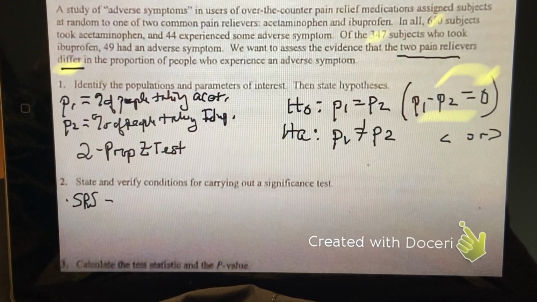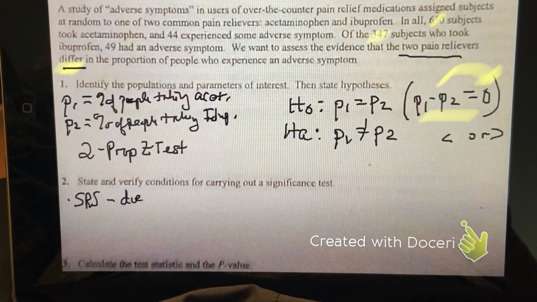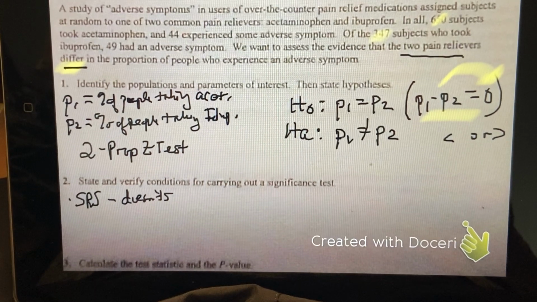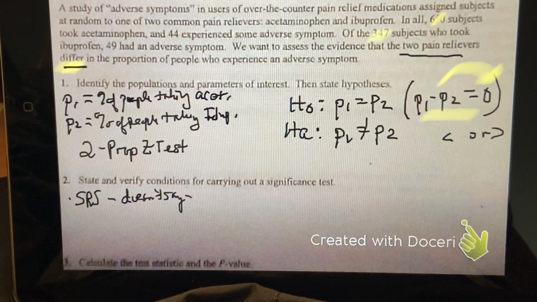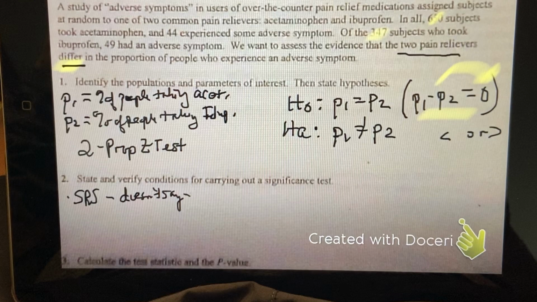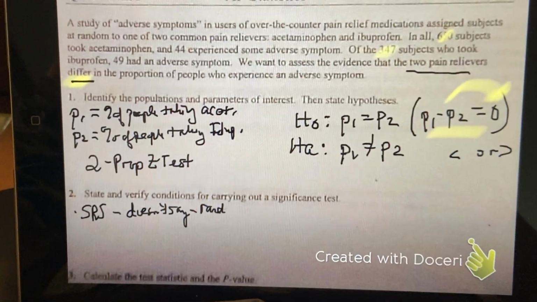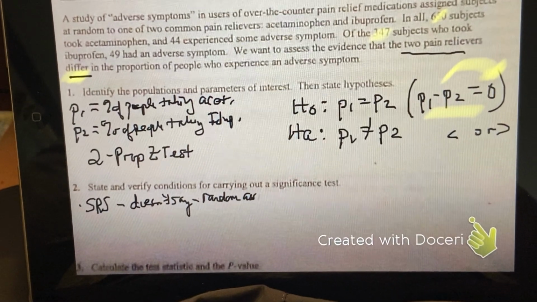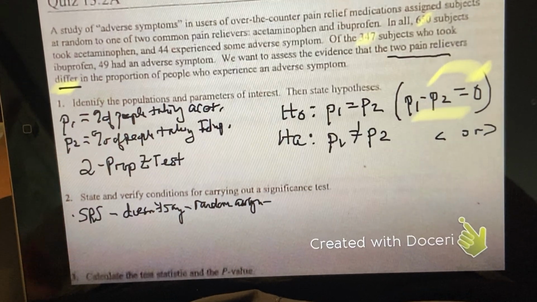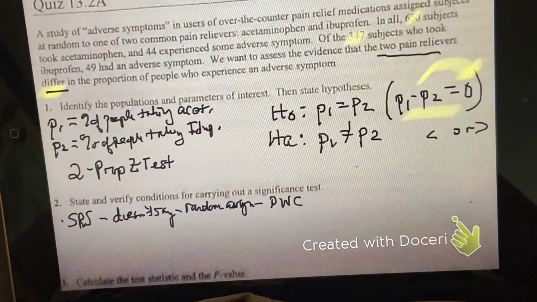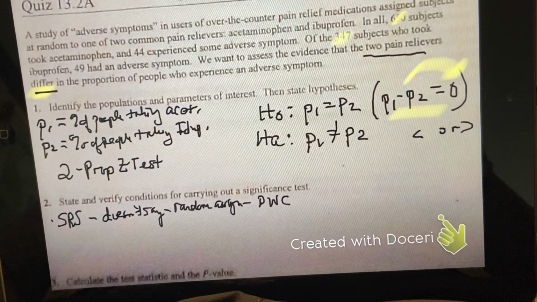So I'm going to say it doesn't say. But I am going to refer to the fact that it was random assignment, and so proceed with caution, if you will.